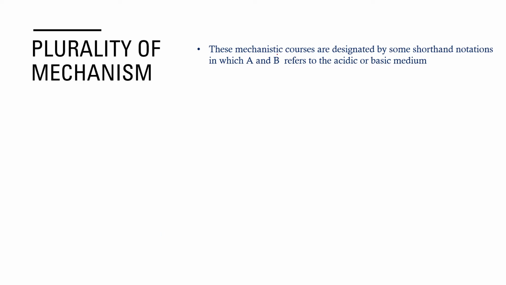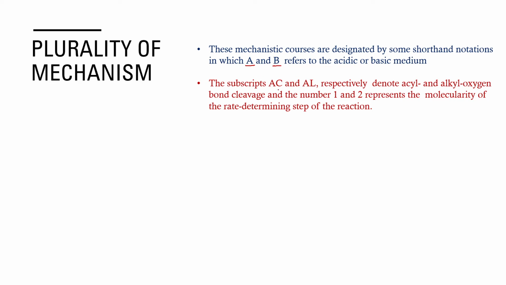Okay, so mechanistic courses are designated by some shorthand notations in which A and B refer to acidic and basic medium. And there are certain subscripts that we use, AC, AL, and numbers 1 and 2.